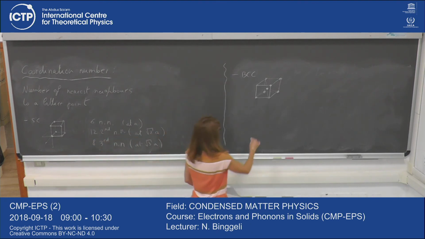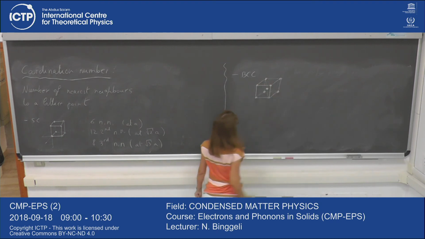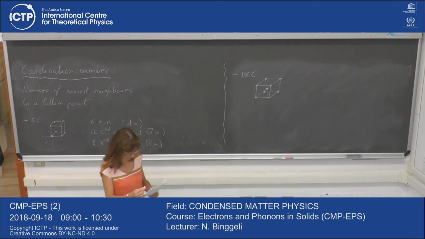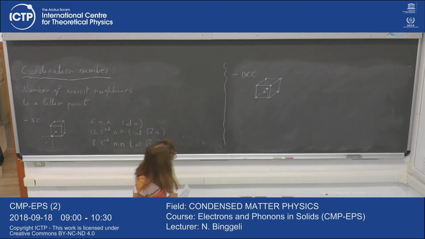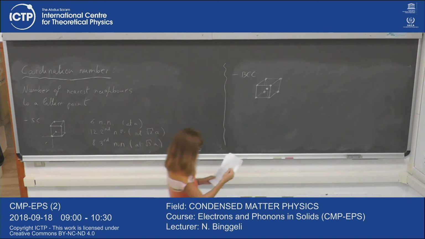So if I consider a point of my lattice, for instance at the center of the cube, how many first nearest neighbors do I have? 8.